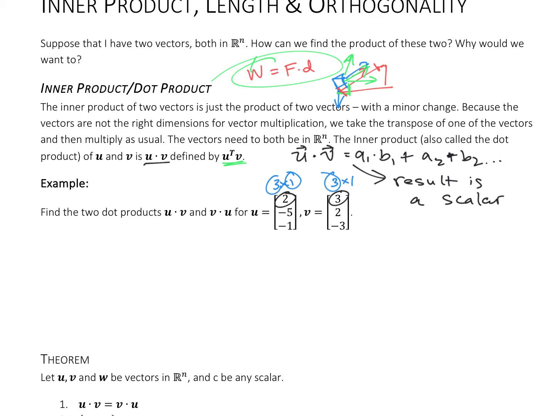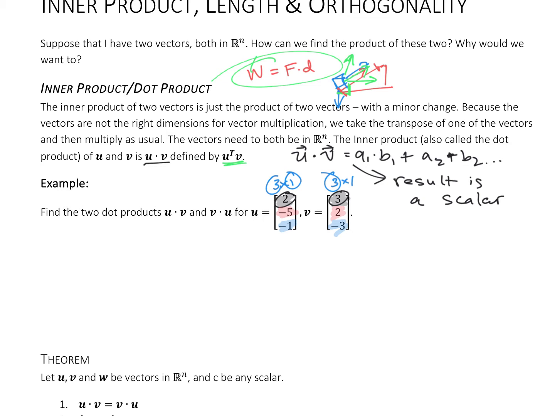And that's all she wrote. You can define it by taking U transpose times V, or V transpose times U, depending on the order, but it really doesn't matter.